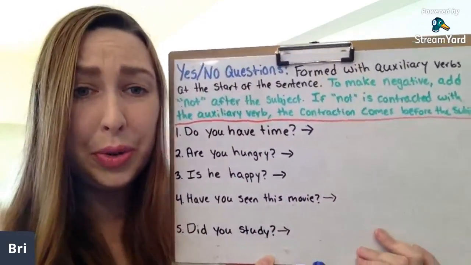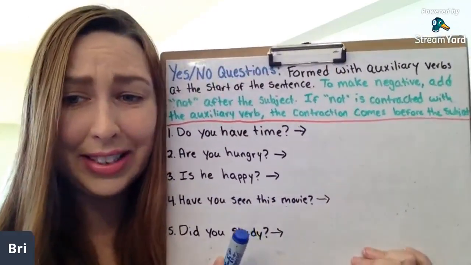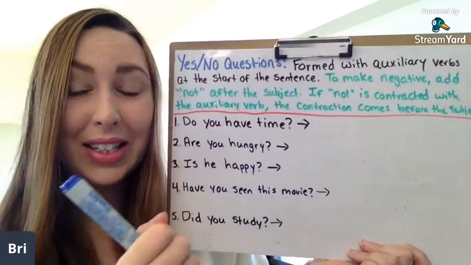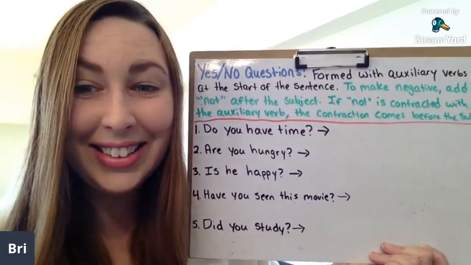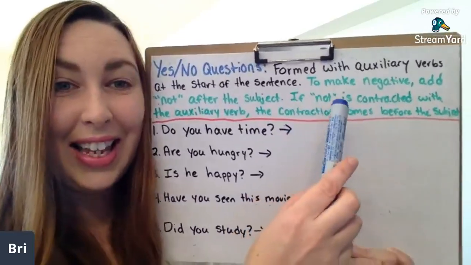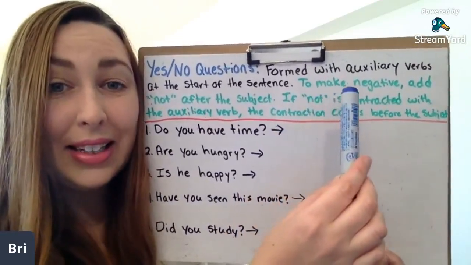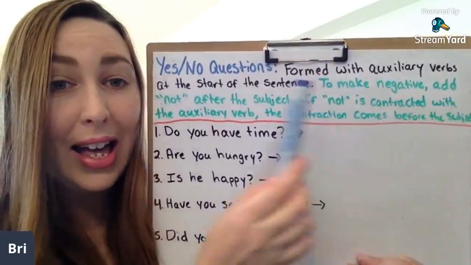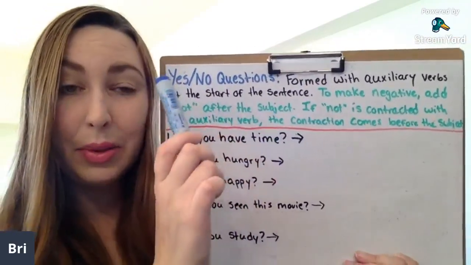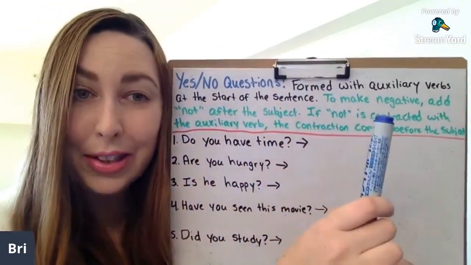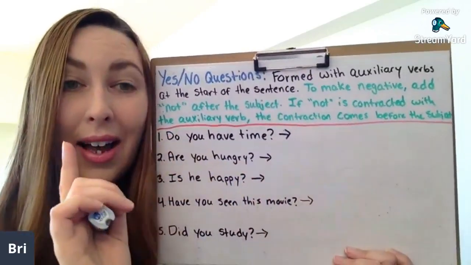So like do, are, is, have, did. We're going to use auxiliary verbs to create our first question, okay? Very good. Then to make negative, add not after the subject. So we're going to add not after the subject.